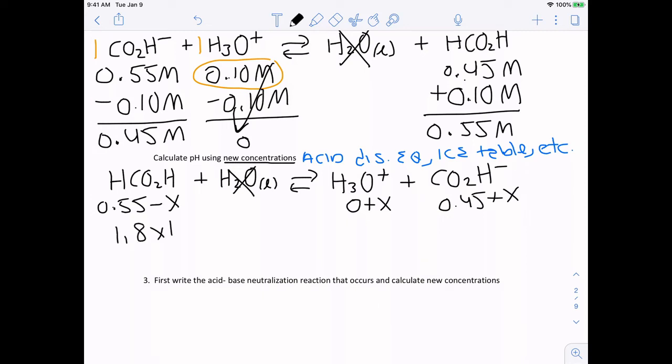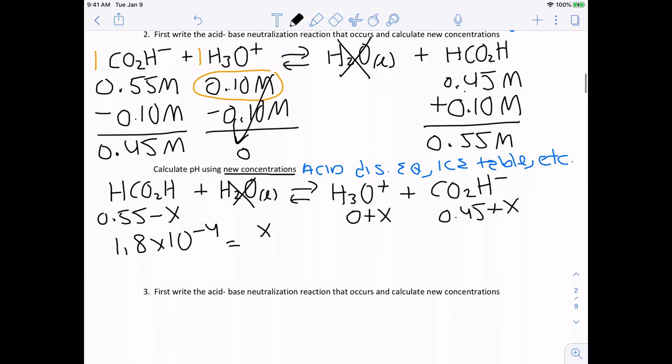1.8 times 10 to the negative 4th, that was my Ka. That's going to be equal to my concentration of hydronium, which is x, multiplied by 0.45, my concentration of formate, again ignoring that plus x, divided by my concentration of formic acid.